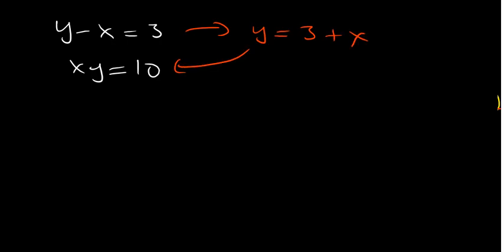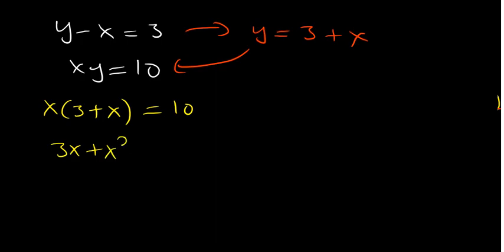So we have x times y, I'm going to put 3 plus x being equal to 10. Then we have 3x plus x squared equal to 10. Can have x squared plus 3x. I've just rearranged them and then add a negative 10 on both sides, so we have a negative 10 on the left. So we equally have a quadratic function here.